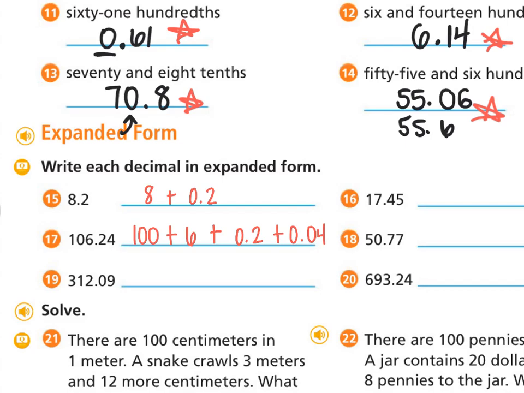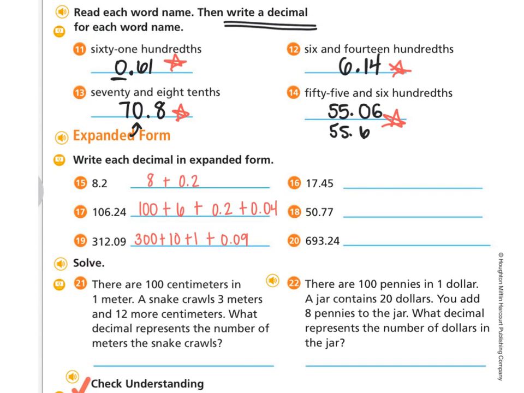Okay. Let's try number 19. So 300 plus 10 plus 2. I don't have any tenths, but I do have 9/100ths. Okay.